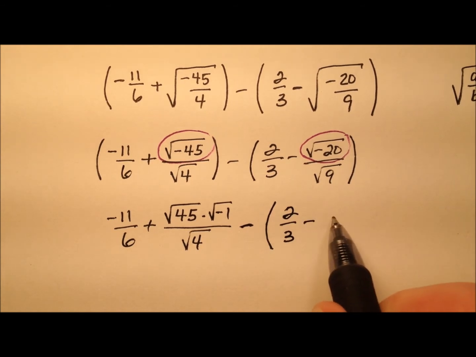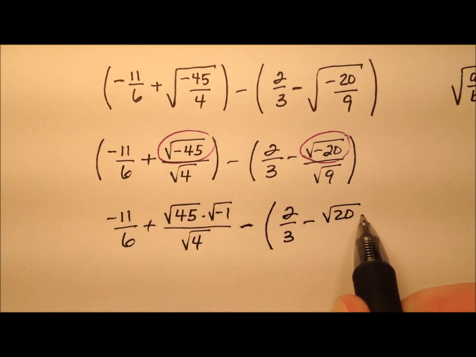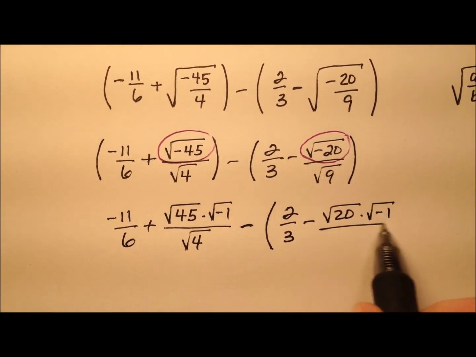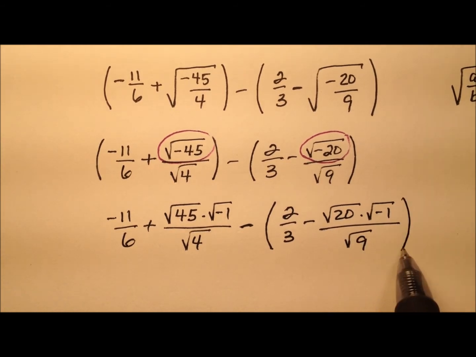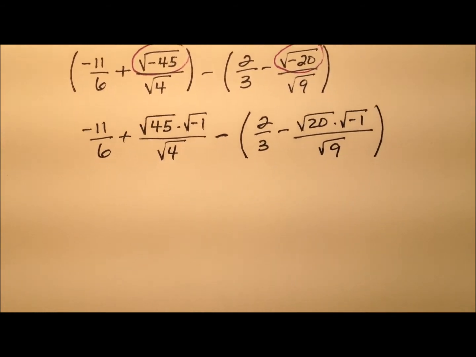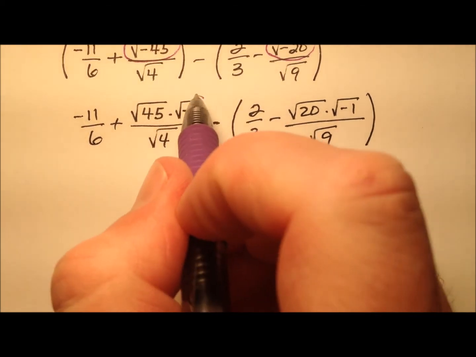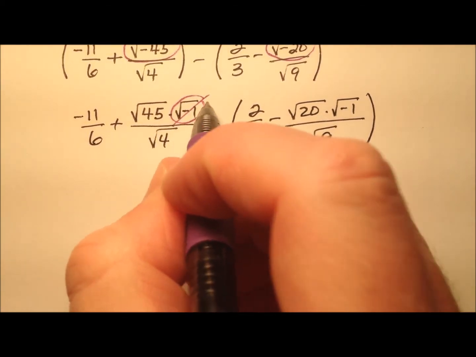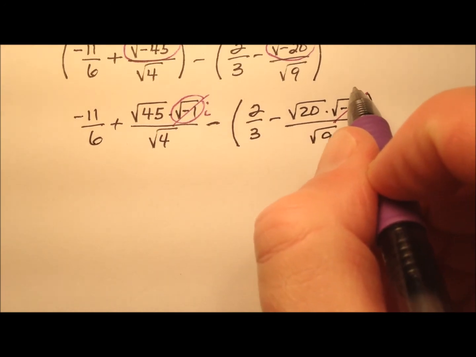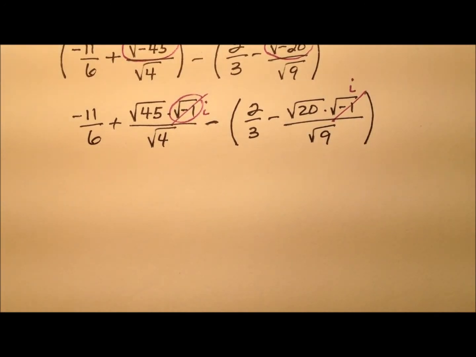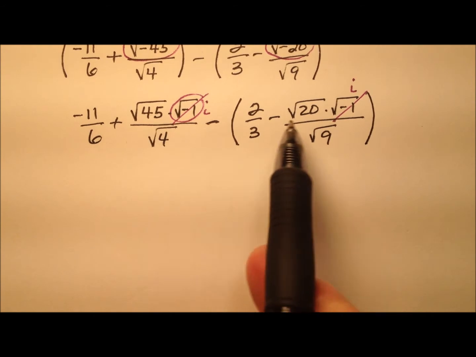So 2/3 minus, so we have the square root of 20 times the square root of negative 1 all over the square root of 9. We know that the square root of negative 1 will be our i. And let's go ahead now and simplify all of these radicals.